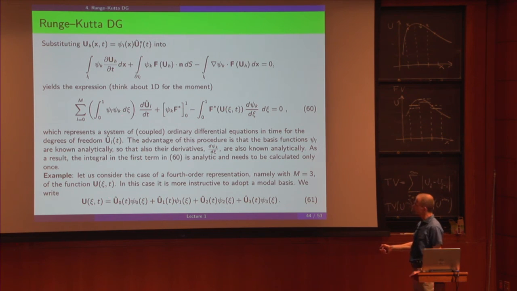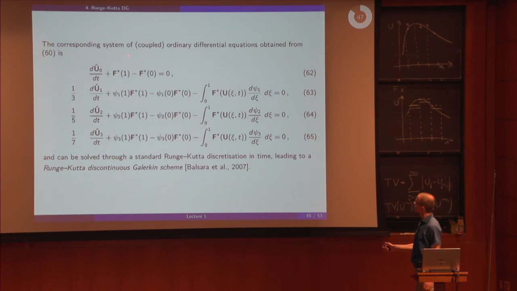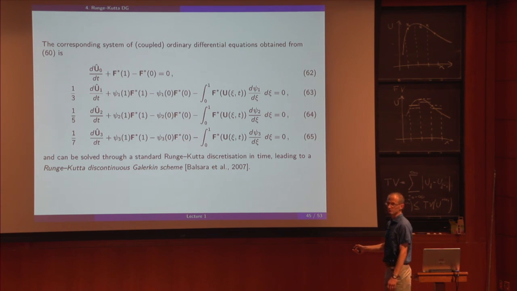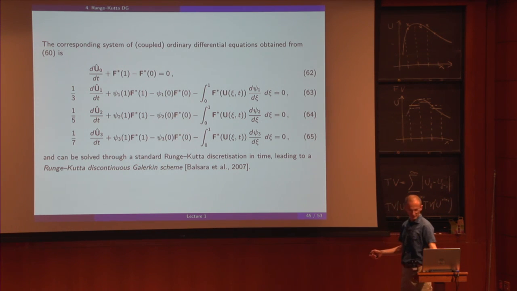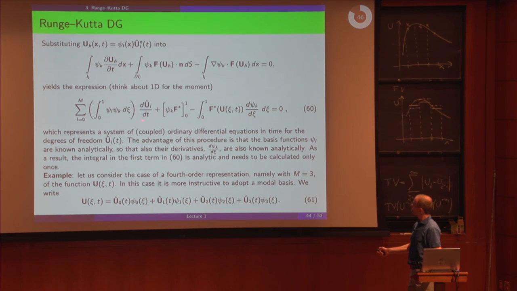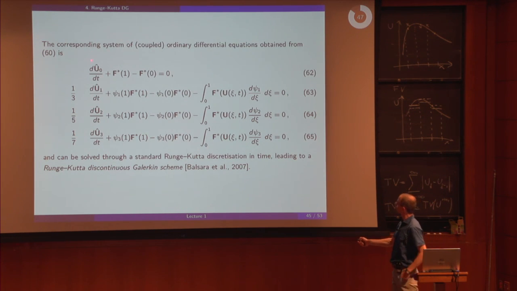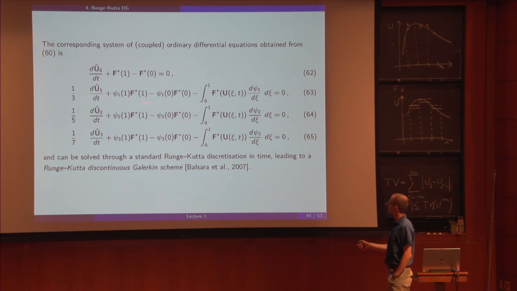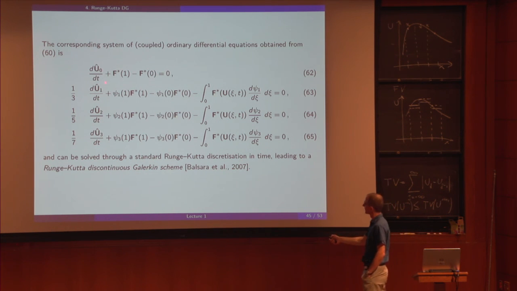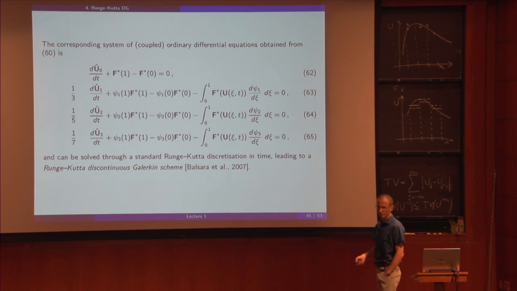You replace that, and you get a system of ODEs to solve for each of the degrees of freedom, all right? Because here you exploit the orthogonality properties of the integrals, so you get an equation for each of them. And this is the ODE that you want to solve. It's nonlinear, it's a coupled ODE, because each of the degrees of freedom is involved in the computation of the fluxes, so you have to solve it all at once.